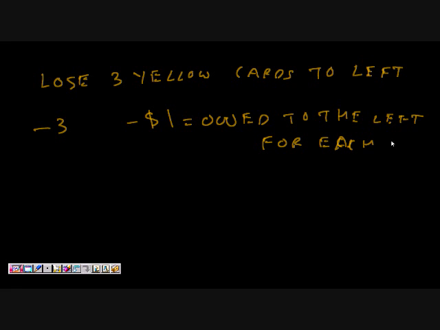So you give the card to him and you gain the money. That means that he owes the money now. So that means it's a positive for you. So you can write it as you lose 3 cards and for each card you owe money, but you gain the money from him. So that's a positive. So again, a negative number multiplied by a negative number will give a positive number.